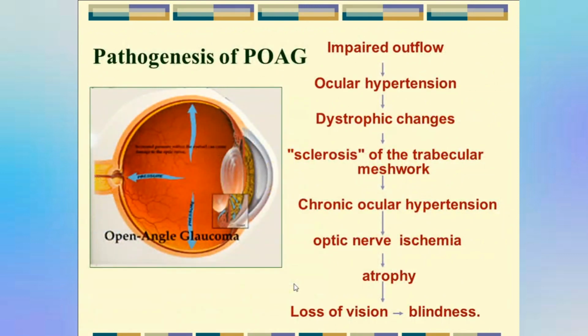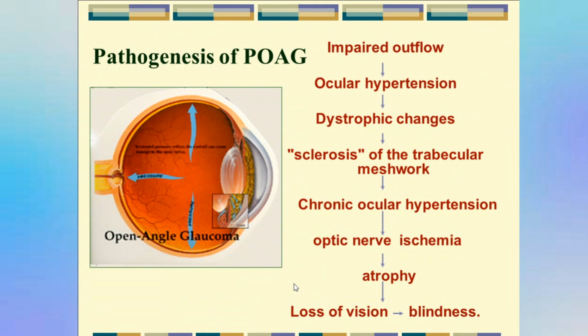Pathogenesis of primary open-angle glaucoma. The cause, of course, is impaired outflow. Usually the problem is in the trabecular meshwork, with sclerosis of the trabecula, so less fluid can leave the eye through it.